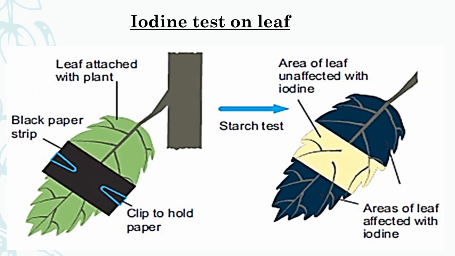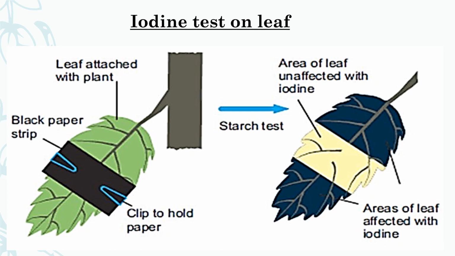You will notice that the part of the leaf which was covered by the black paper is not affected by the iodine test, whereas the other part which was not covered by the paper turns blue-black by the iodine test. What does this mean?